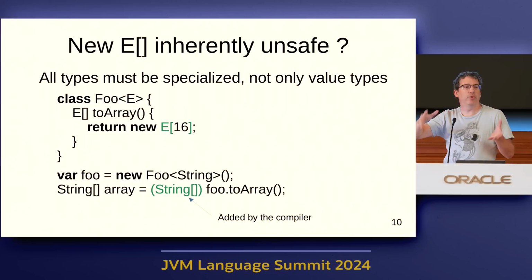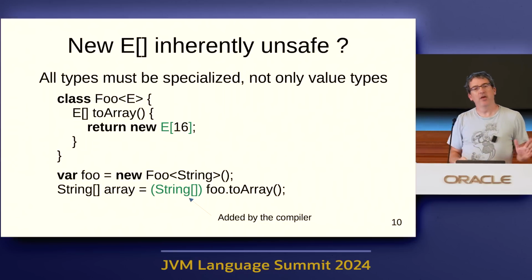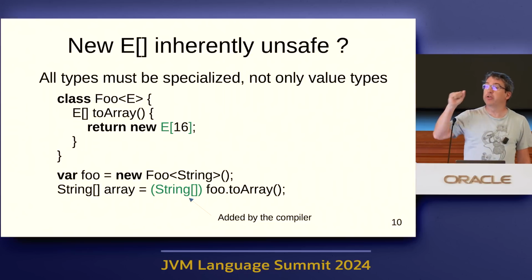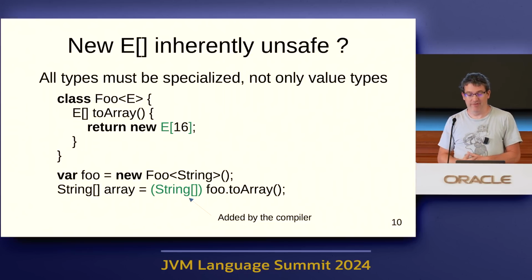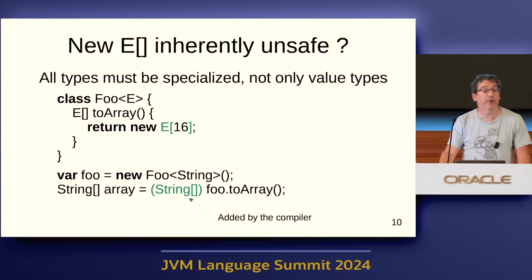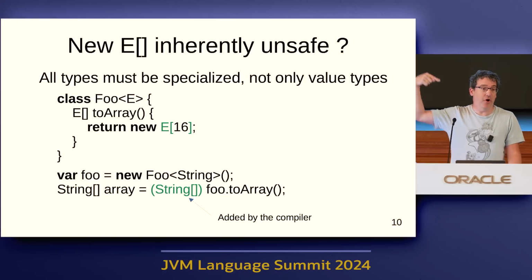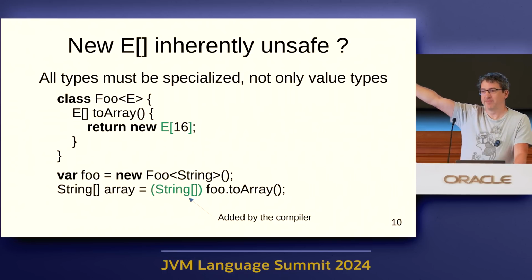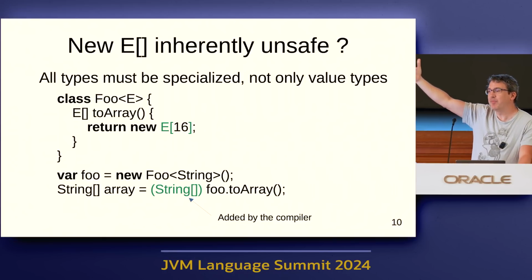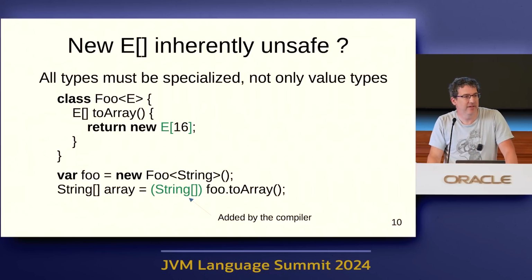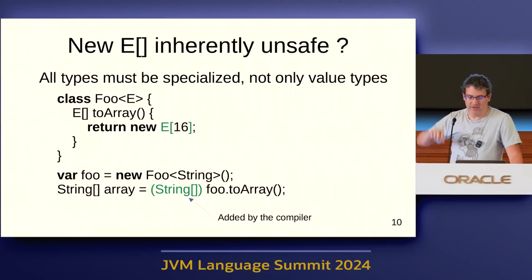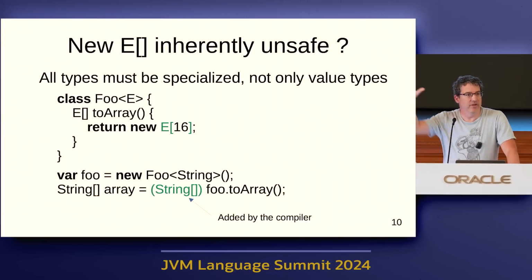Because if we have a strategy like I will do specialization but only for value types, then this code doesn't work if E is a string. Because in that case, it will create an array of objects. Because string is not a value type, and it will fail on the next cast inserted by the compiler. The cast in green here is inserted by the compiler.